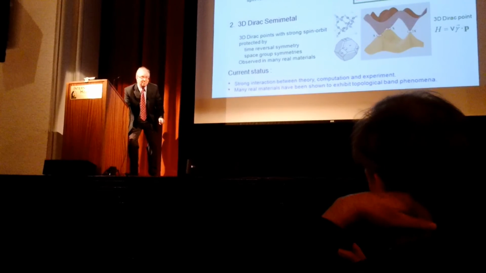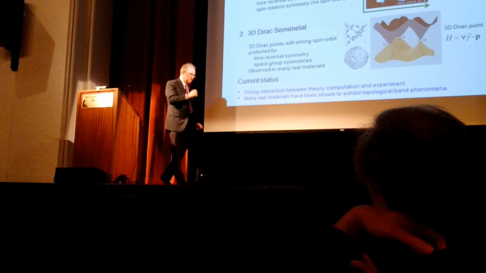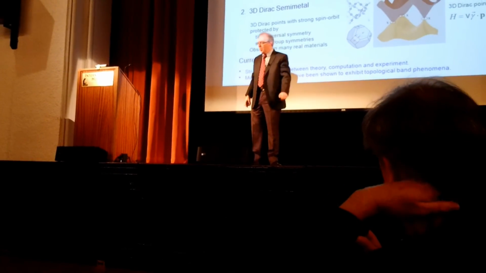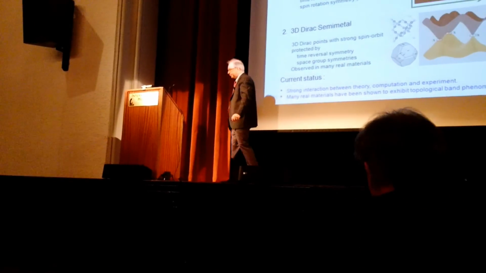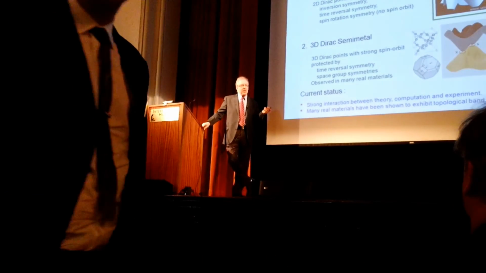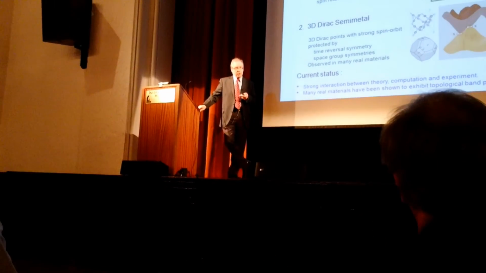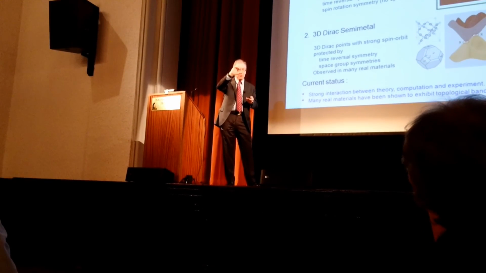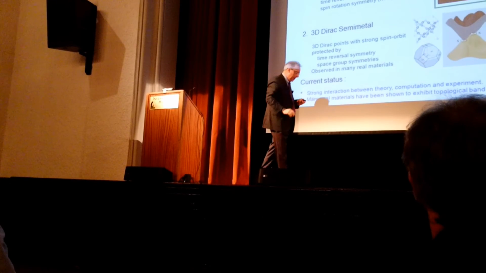So are all these states restricted to very low temperatures at this point, or does this topological invariance survive at higher temperatures? Yeah. Well, okay. The criterion for whether you need low temperature or high temperature is how big the energy gap is.